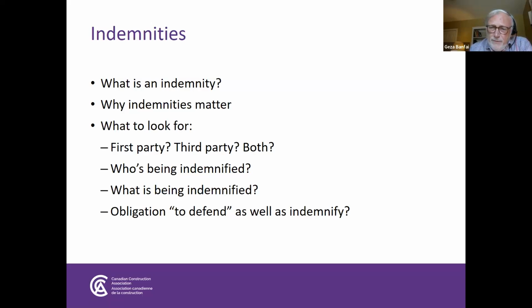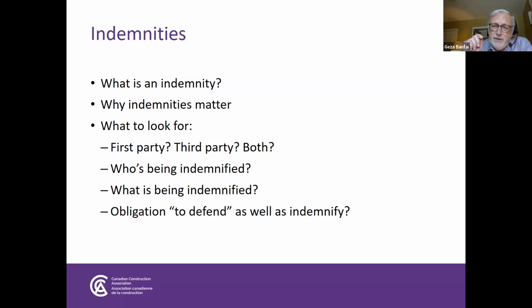So what to look for as you go through the legalese? Basic questions. Is the indemnity what's called first party, third party, or both? First party indemnity is wording that says, again between owner and GC in our example, the general contractor indemnifies the owner against all losses for which it is responsible.